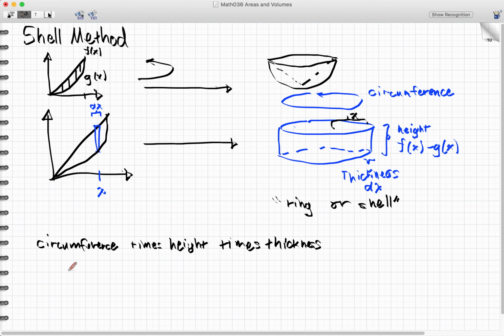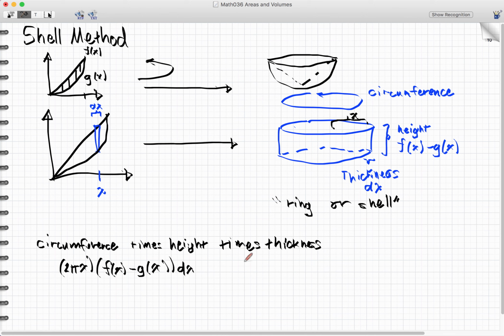In symbols, this translates to 2 pi x. That'll exactly be the circumference of this circle that cuts out the ring. The height is just going to be f of x minus g of x, which is actually simpler in some sense than the washer method. And then finally we have to multiply by a thickness dx.